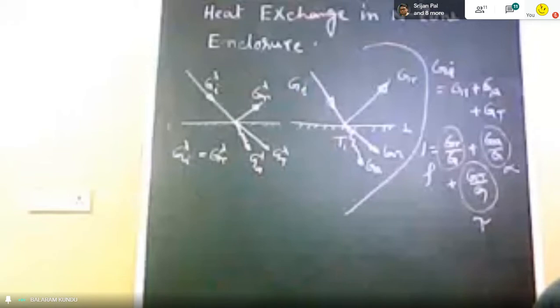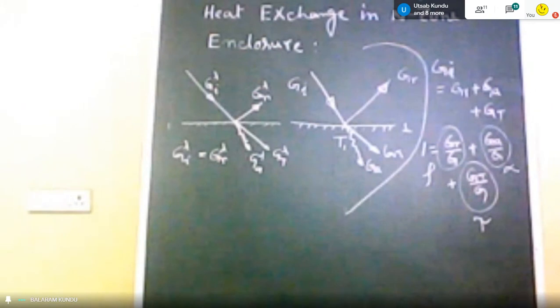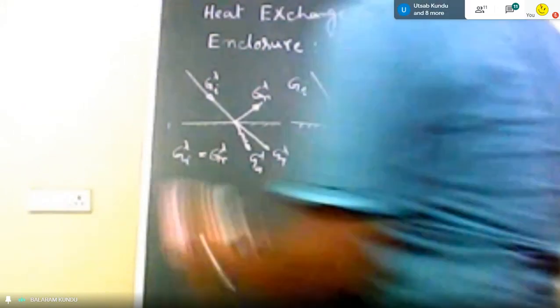Now we can write rho plus alpha plus tau equal to 1.